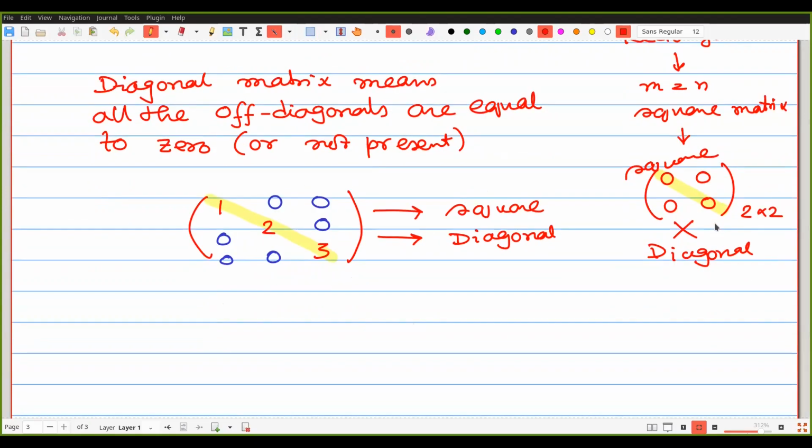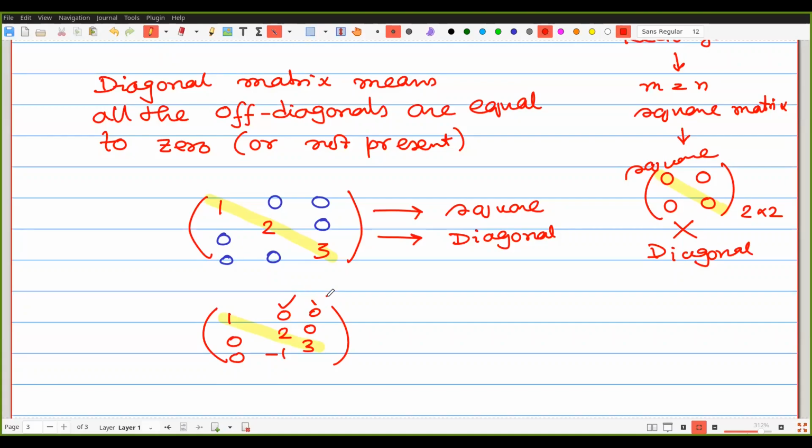Any other question? Suppose we have another matrix like that: 1, 2, 3, 0, 0, 0, 0, 0, -1. According to that, the diagonal elements have some values.